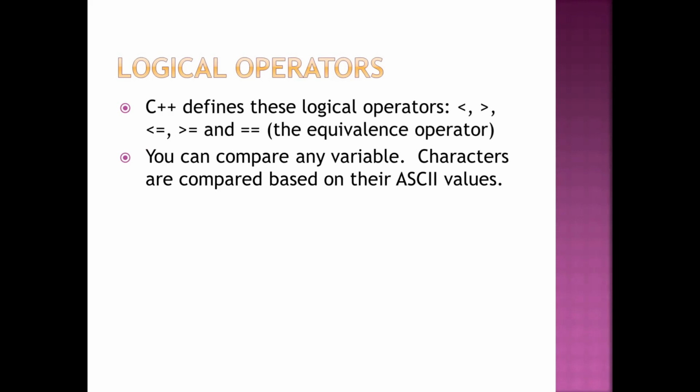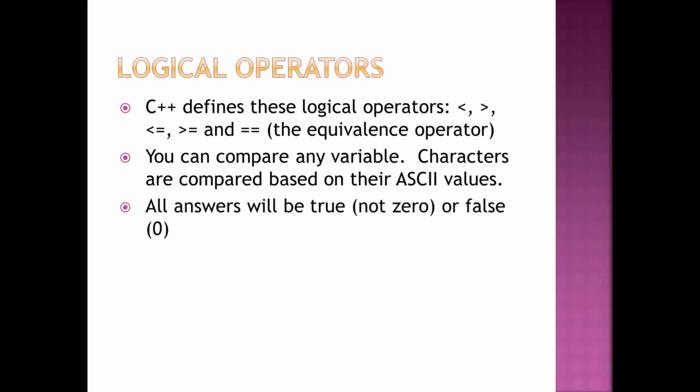If you compare variables that have the character data type, what will happen? Each character has its corresponding ASCII code. So when you compare characters, their ASCII codes are compared, and you get the result according to their ASCII code values. A true answer will be non-zero.